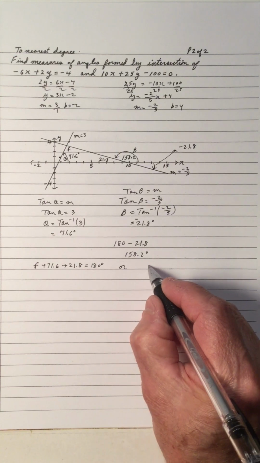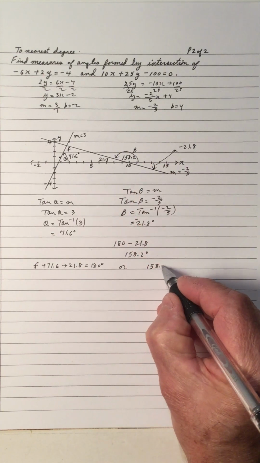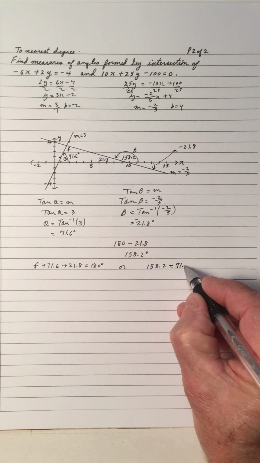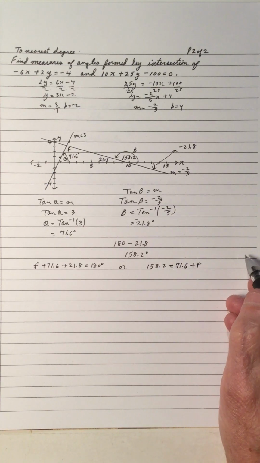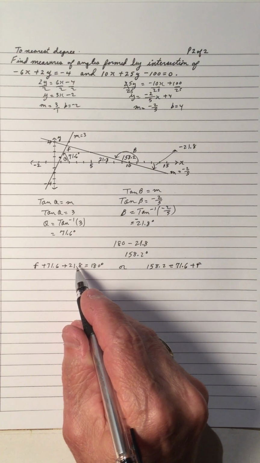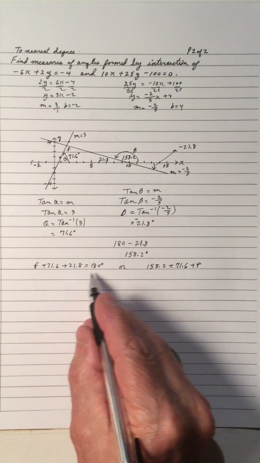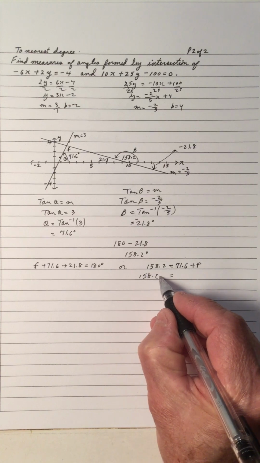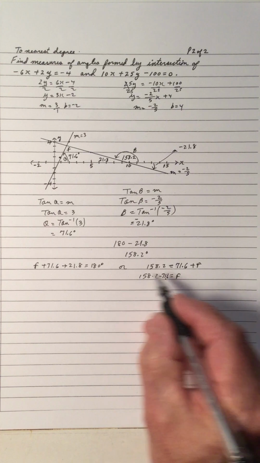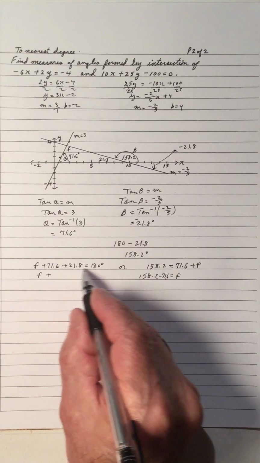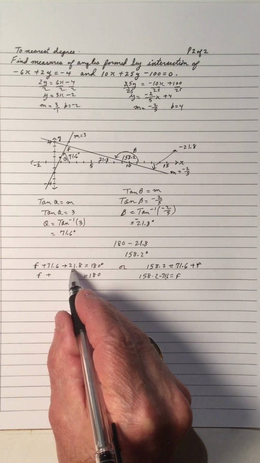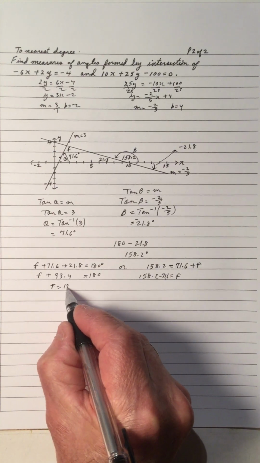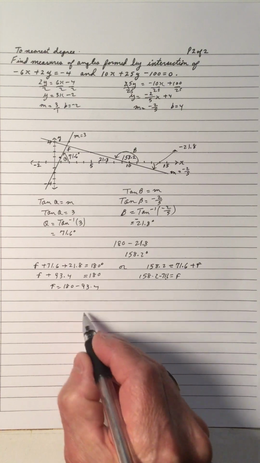Or this exterior angle, 158.2, is equal to 71.6 plus F. So no matter what I do, 158.2 subtract 71.6 will give me F. That's 93.4. So F is 180 minus 93.4.